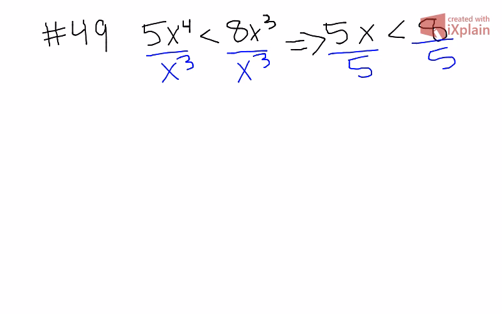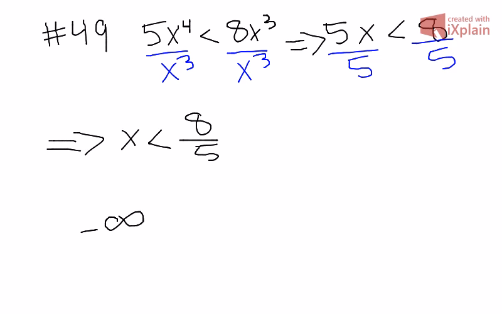Now we get x is less than 8/5. So our interval is all the way from negative infinity because x has to be less than 8/5. So we're taking everything less than 8/5 all the way up until 8/5, so from negative infinity all the way up until 8/5. Sweet.